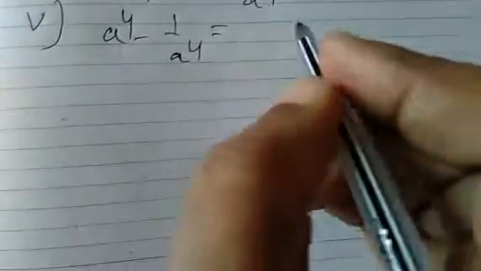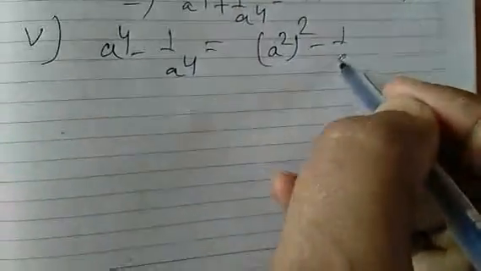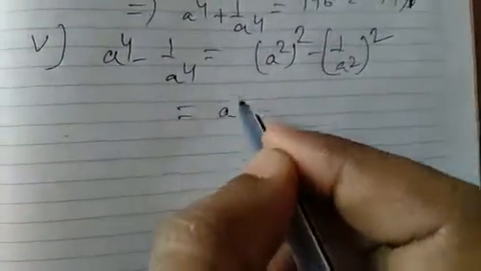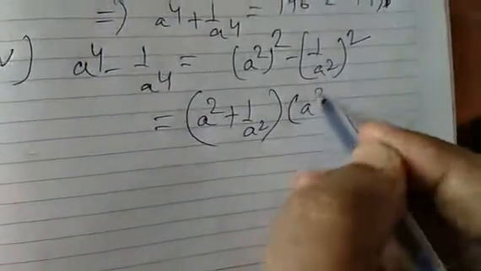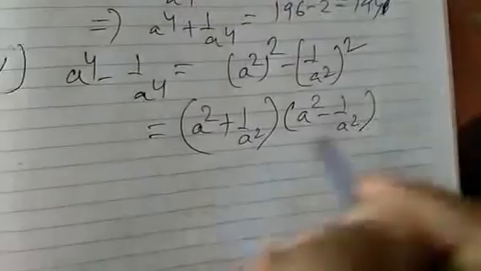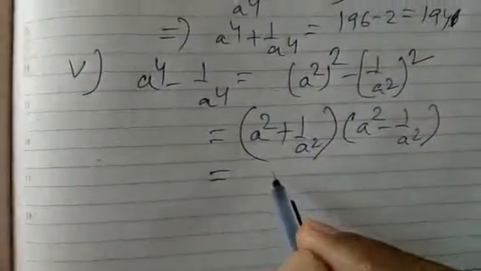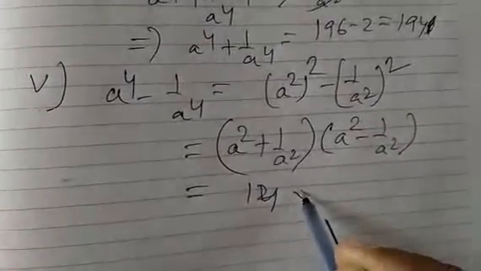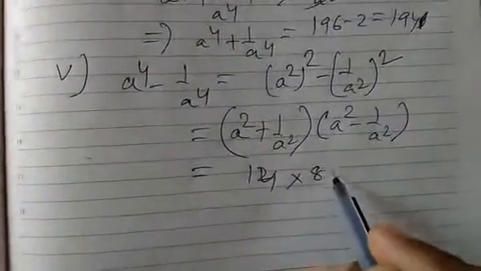Next, the fifth bit, a fourth minus 1 by a fourth. This can be written as a square whole square minus 1 by a square whole square, or by the difference of two squares, a square plus 1 by a square into a square minus 1 by a square. So a square plus 1 by a square is 14, into a square minus 1 by a square is 8 root 3.